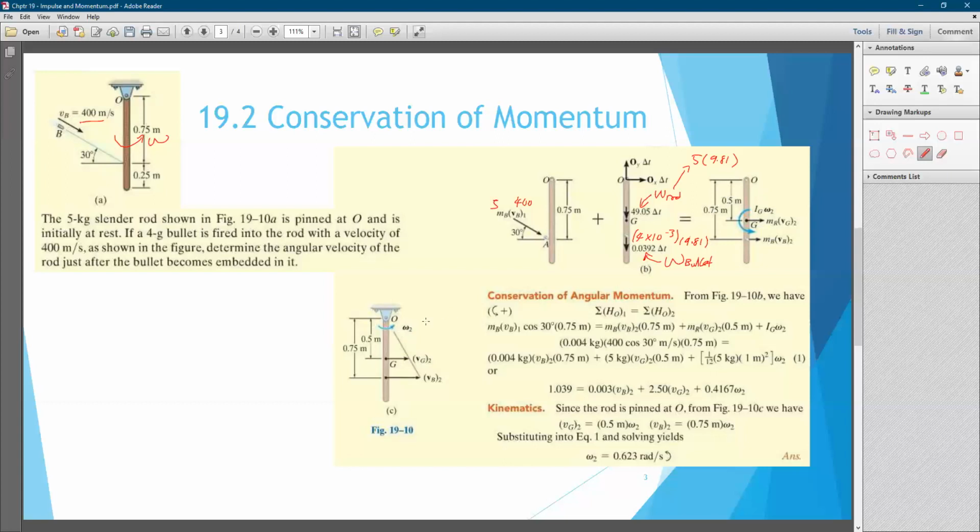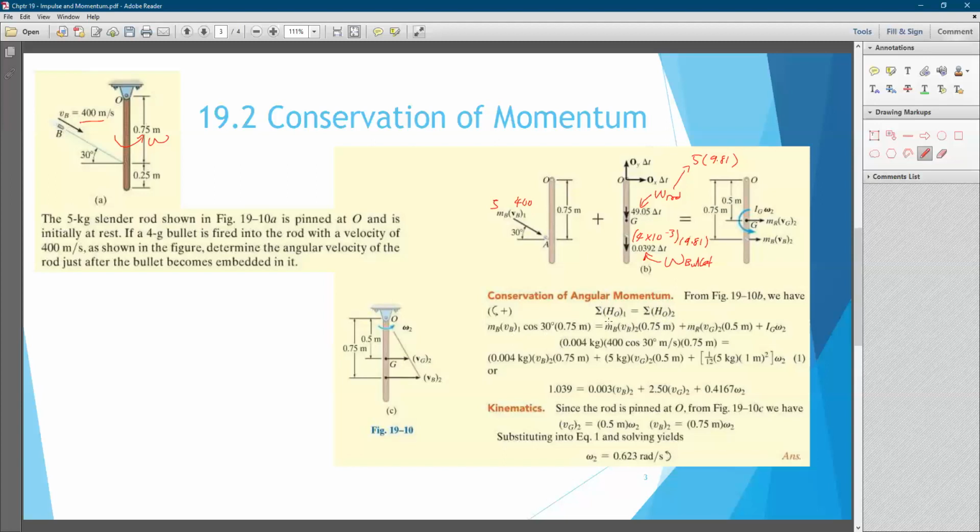And then from the conservation of angular momentum, we can see that the summation of angular momentum before the impact and the summation of angular momentum after the impact, 1 and 2 respectively.